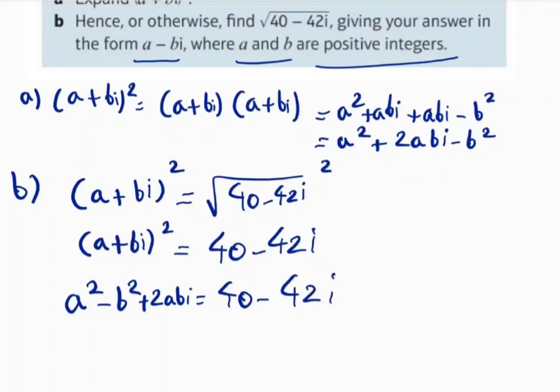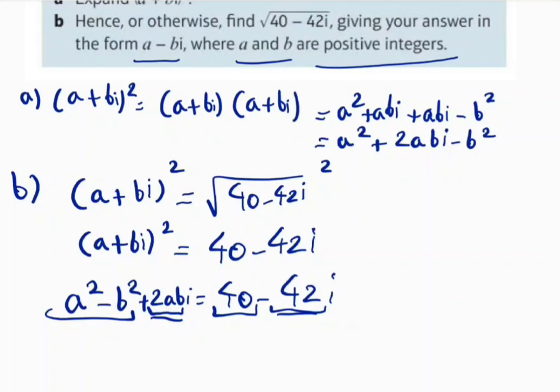The reason I wrote it that way is that a very common technique in complex numbers is equating coefficients, because that allows us to equate the real and imaginary coefficients. We know that a squared minus b squared should be equal to the real part of the right-hand side, and 2ab i is equal to the imaginary part of the right-hand side.